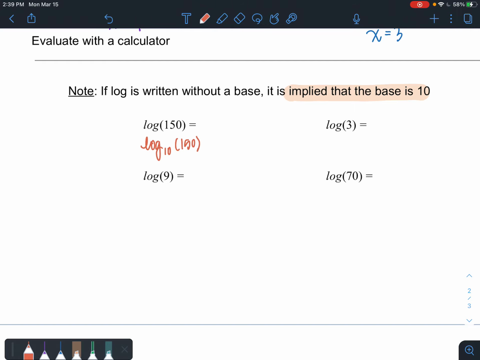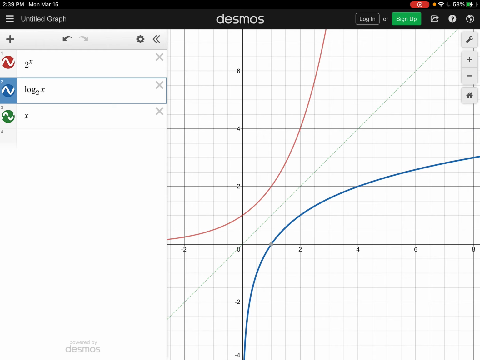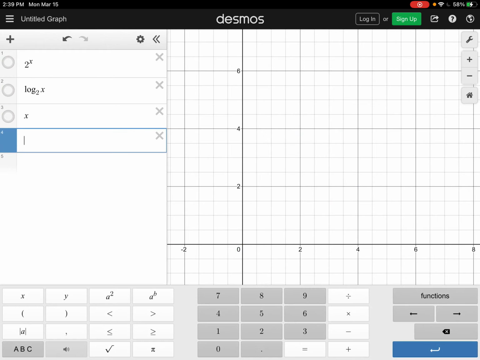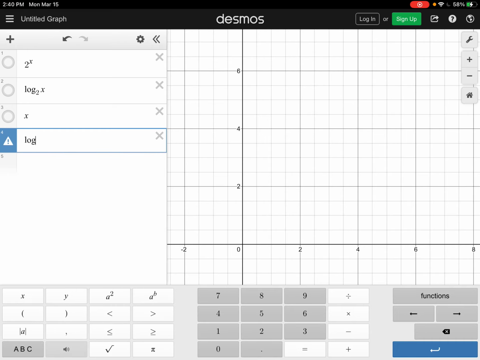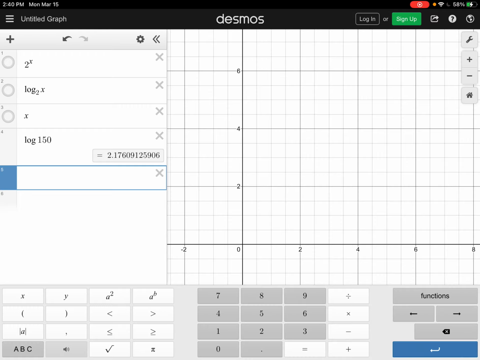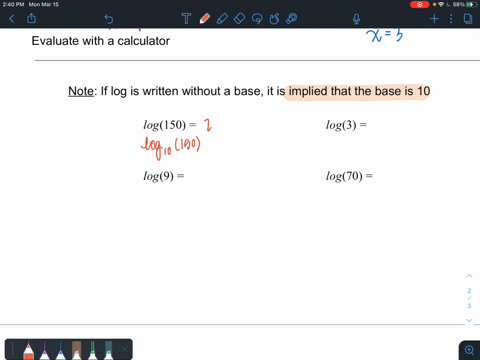And you can just type log of 150 in your calculator, and it gives us 2.176, so 2.18. Okay? Go ahead and type these ones into your calculator.